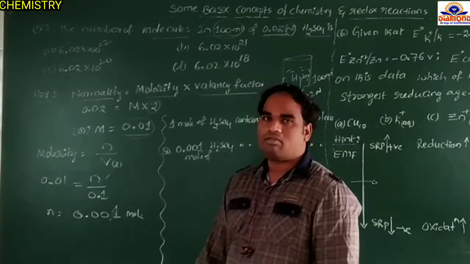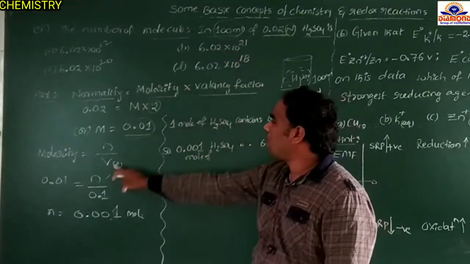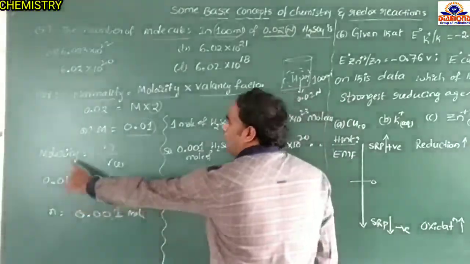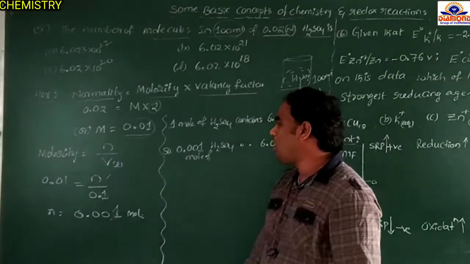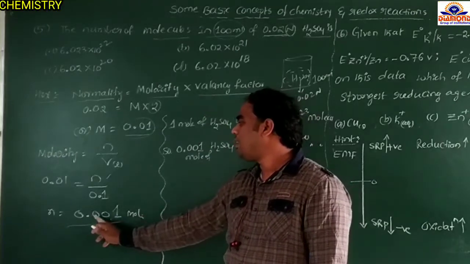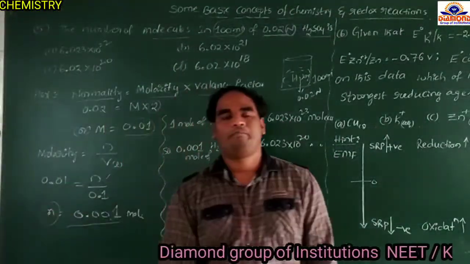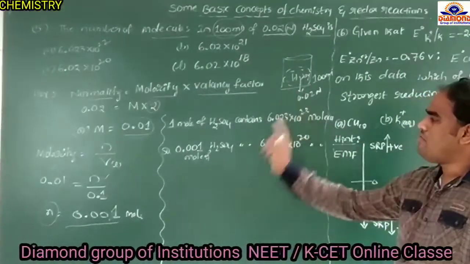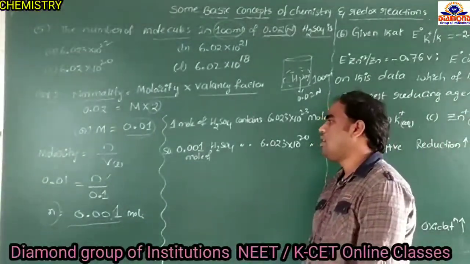We want to find the number of moles, and the volume is 100 milliliters, which converted to liters is 0.1 liters. So molarity 0.01 equals n by 0.1 liters. Therefore, in simplification, the number of moles equals 0.001 mole. The number of molecules equals the number of moles times the Avogadro number, so first we find the number of moles.